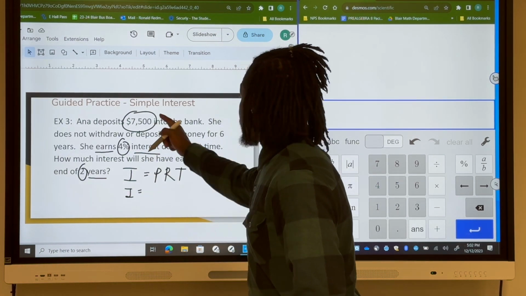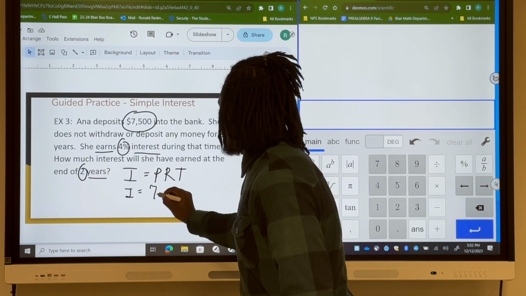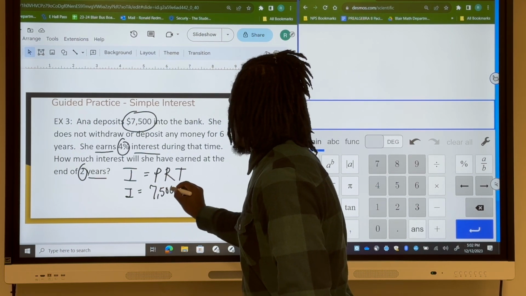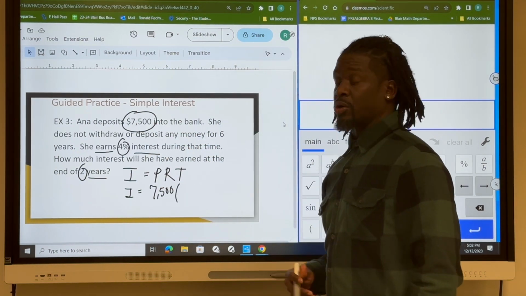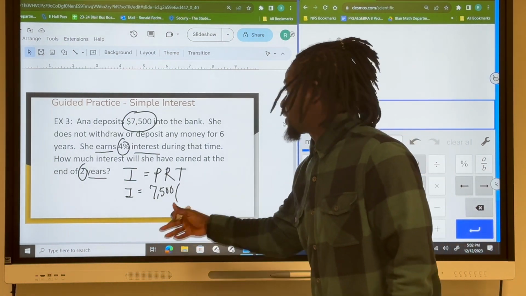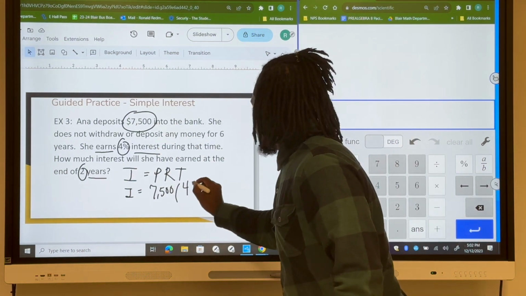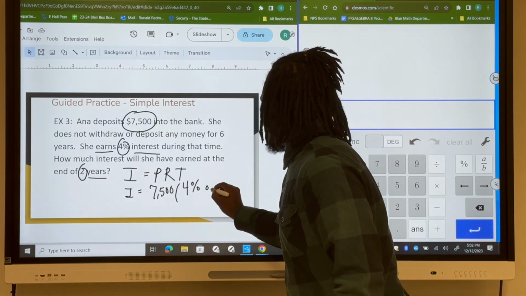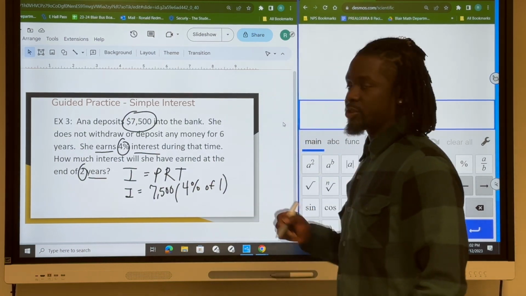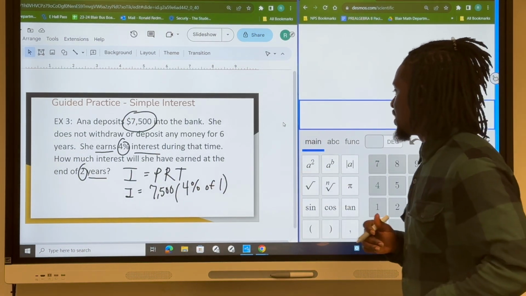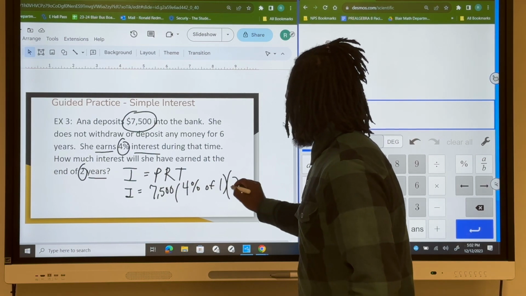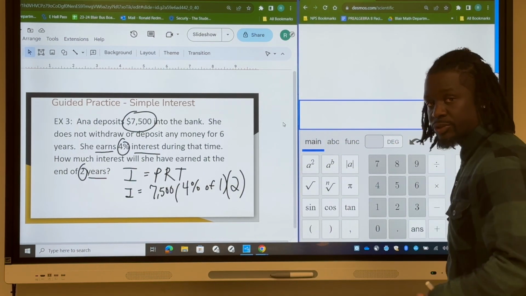Interest equals the principal, which is 7,500. The rate, which is the percent, is 4% of 1, because that's just how Desmos is going to write it. And then 2 years.